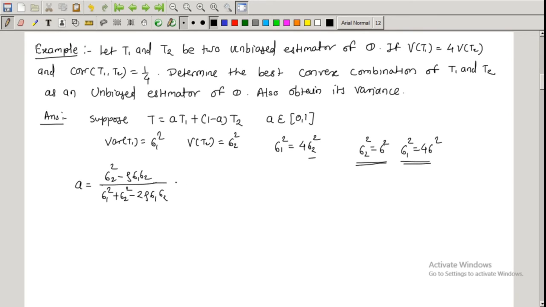So I replace the values: sigma 2 square by sigma square minus rho into sigma 1 sigma 2. Here sigma 2 is sigma, but what is sigma 1? That is 2 sigma, correct?